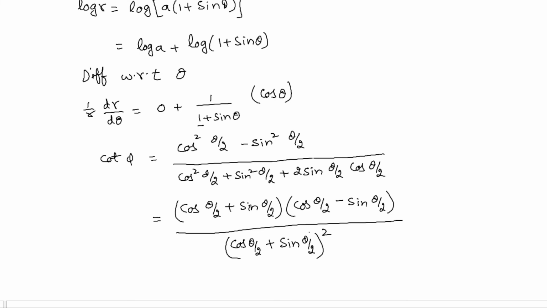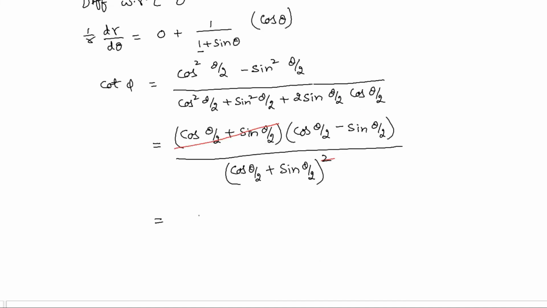Now if you observe the numerator and denominator, cos of theta by 2 plus sine of theta by 2 is common, so that value will cancel out. One factor in the numerator and one in the denominator cancel out. So we will be left with cos of theta by 2 minus sine of theta by 2, whole divided by cos of theta by 2 plus sine of theta by 2.